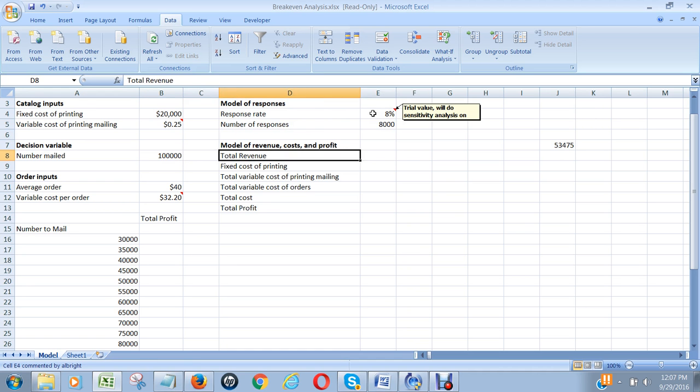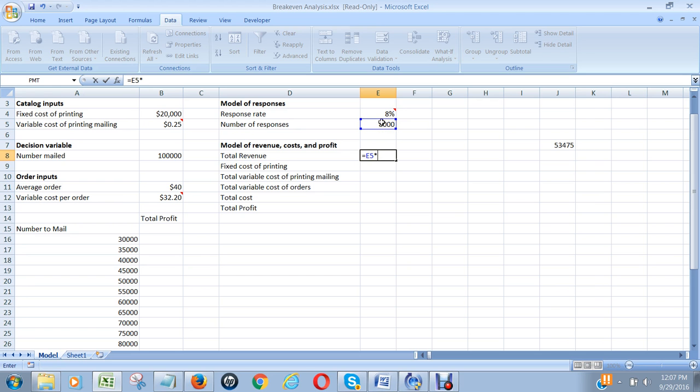Total revenue is going to be the number of responses multiplied by the average order, which is 40. The fixed cost of printing is just given right here. The total variable cost of printing and mailing is going to be the number you mailed out multiplied by the 25 cents.